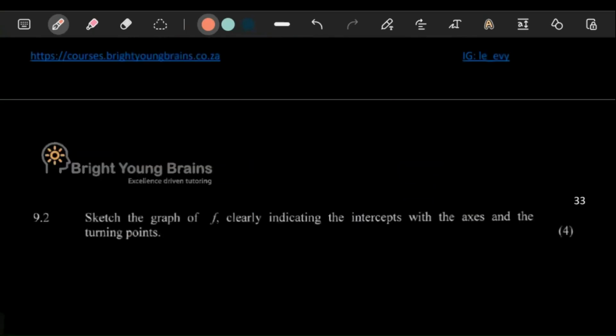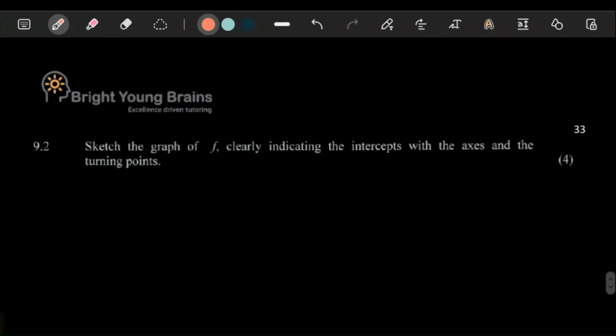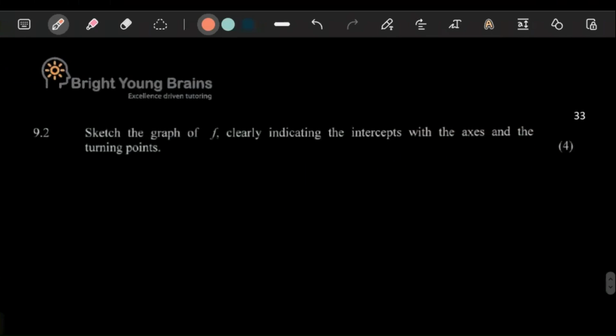9.2 says the following: sketch the graph of f, clearly indicating the intercepts with the axes and the turning points. So this shouldn't be too bad. We have the turning points, and we can easily get the intercepts.